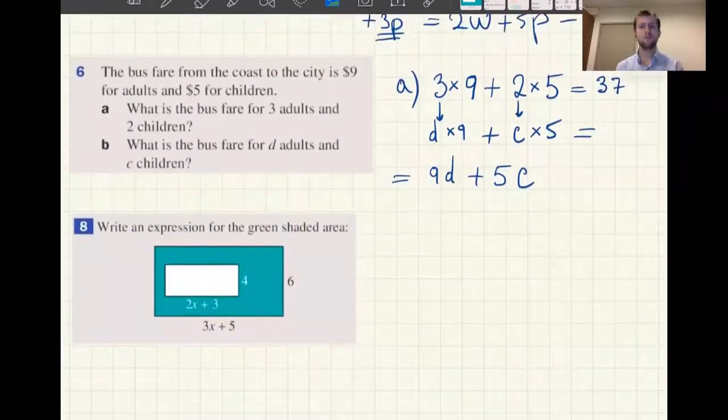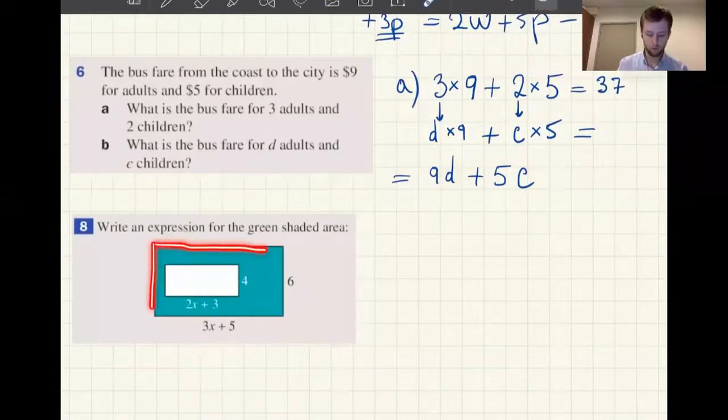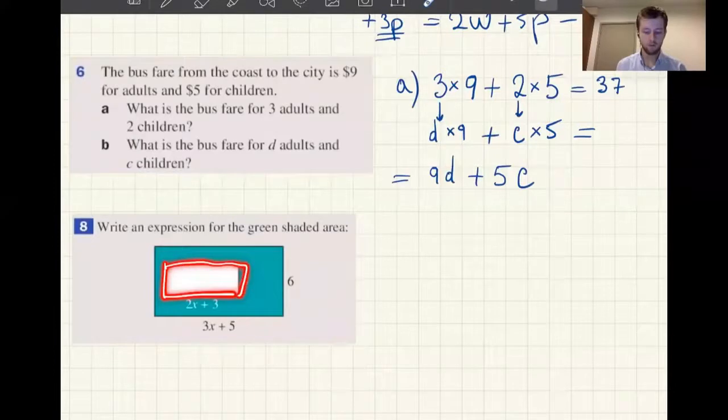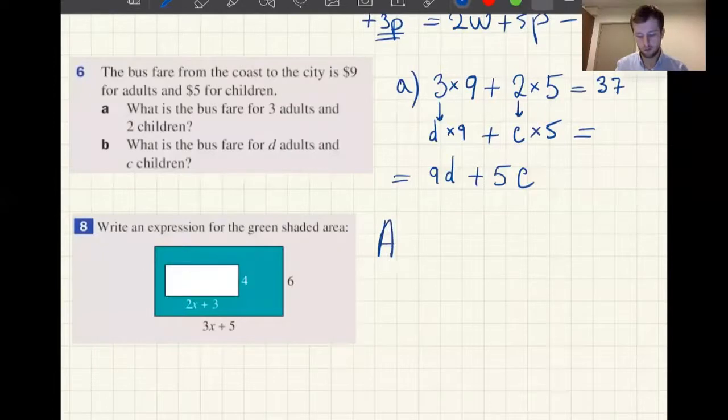So what happens is we have 2 rectangles, one inside of another, and the area of this inner rectangle, the white area, is something we actually don't need. So we can write the shaded area like this.